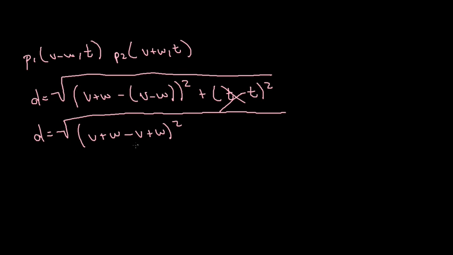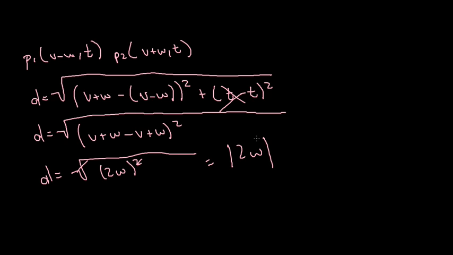And we're left with this term, and when we simplify this, this is equal to 2w squared. And we can distribute this square and we'd get 4w squared, but we have a radical and a square, they cancel out, and we're just left with the absolute value of 2w.